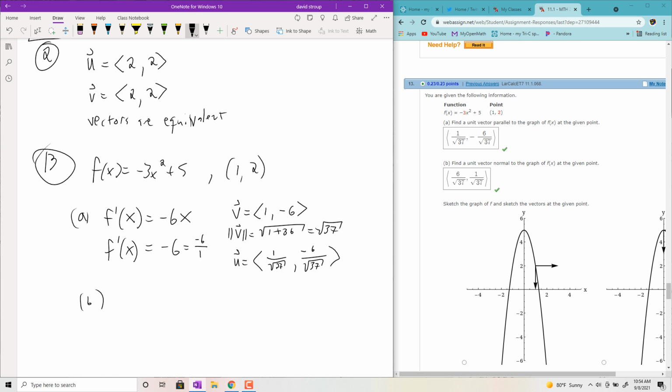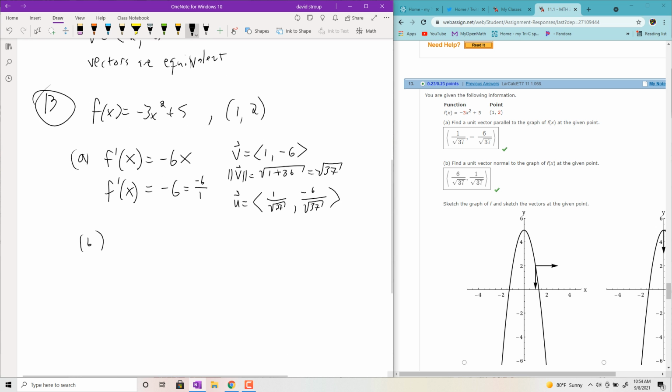Part B, find the unit vector normal to the graph. That's fairly simple. All you have to do is take this vector u here, exchange the coordinates and negate one of them. So exchange the coordinates: this will be 6 over square root 37 and 1 all over square root 37. And you make it negated accordingly.